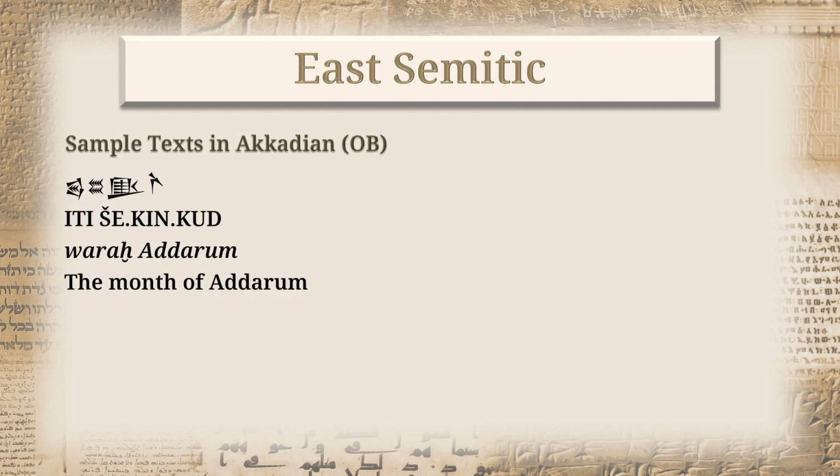And now, as usual, at the end of those protocols comes the date. Mostly it is a noun and the day, the exact day. Here the day is missing. They only give us the month. So Iti in Sumerian means month, which is Warhu or Warach in Akkadian. And the month is written Shekinkut in Sumerian, but it is Addarum in Akkadian.